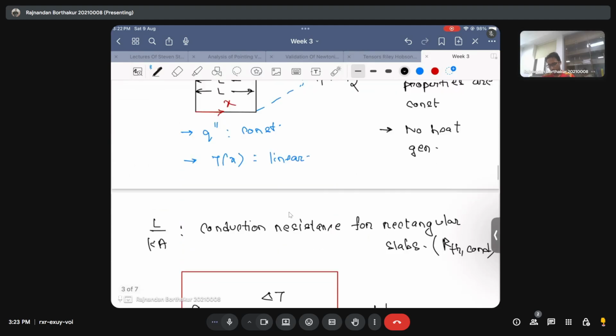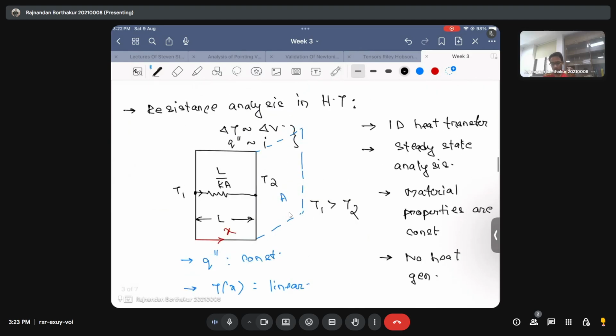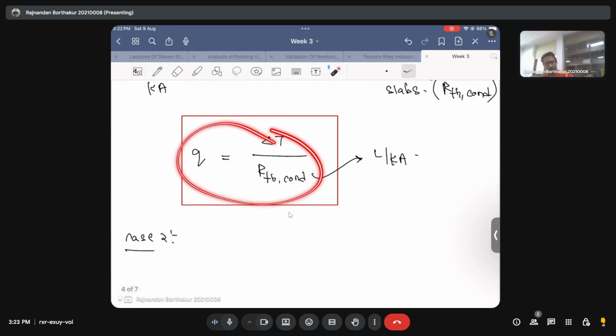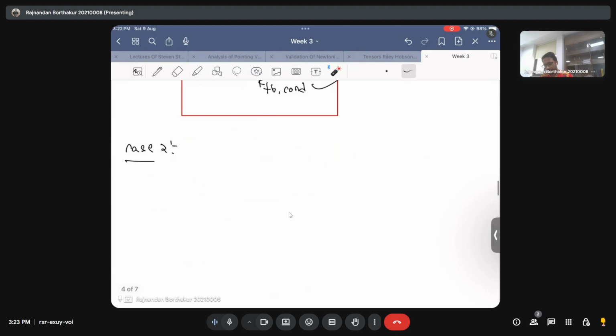Now let's look into a more realistic case of this resistance network. I believe this is something that you have already seen in your theory classes. Let's say I have a slab, the same old slab that we have been using. That's the left face, that's the right face.